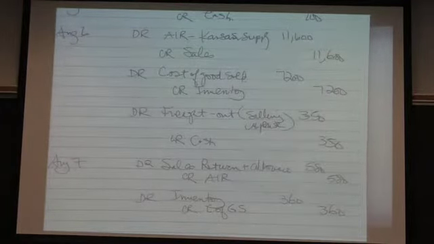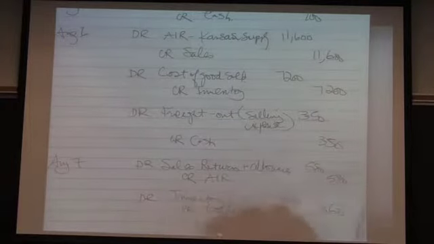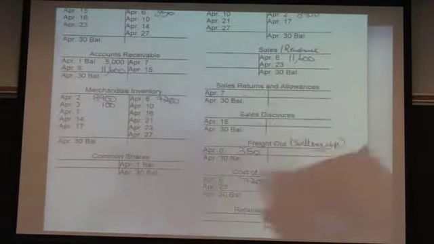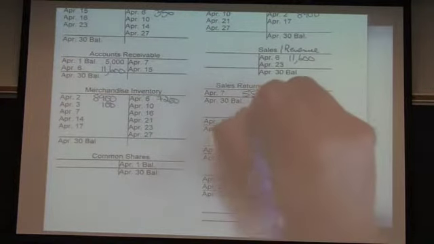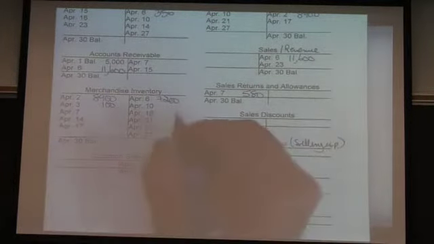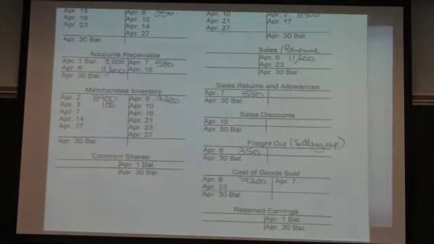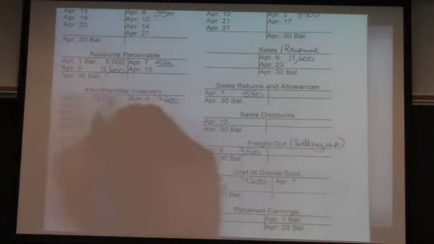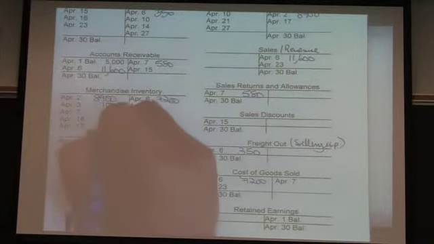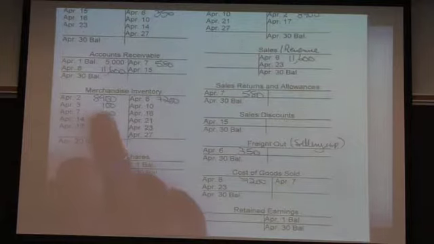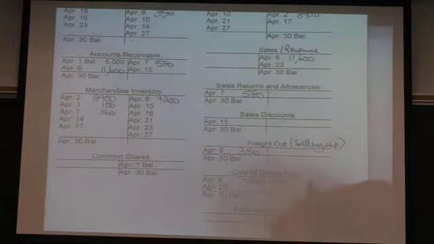Now, we're going to update the T account again. So we're going to debit sales returns on the 7th, $580. We're going to credit accounts receivable, $580. And we're going to debit merchandise inventory and credit cost of goods sold, $360.